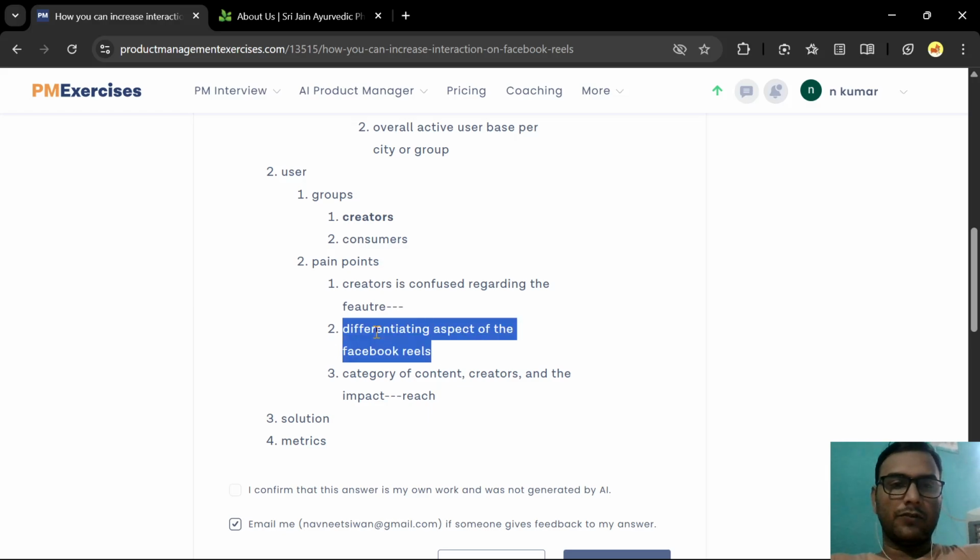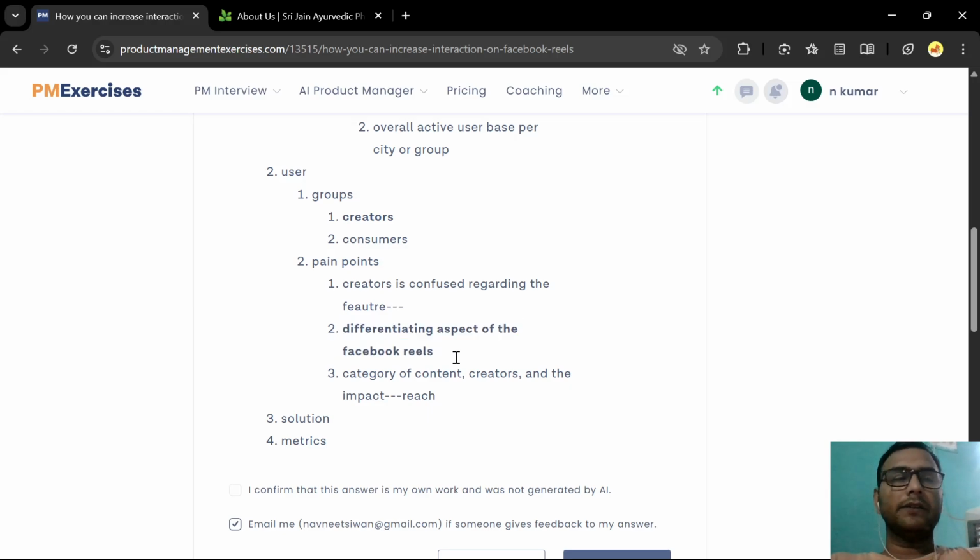So let's say we pick up this problem, we have prioritized this. Now why are we prioritizing this?